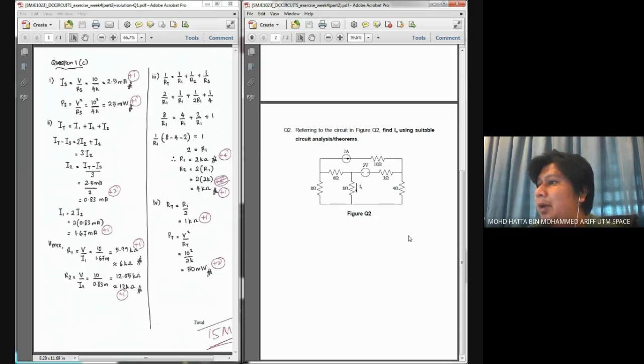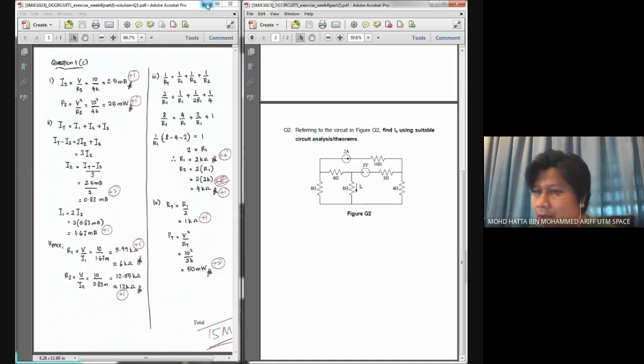Based on my first opinion, I think the easiest one is maybe by using superposition, because in superposition, we only consider one source at a time.